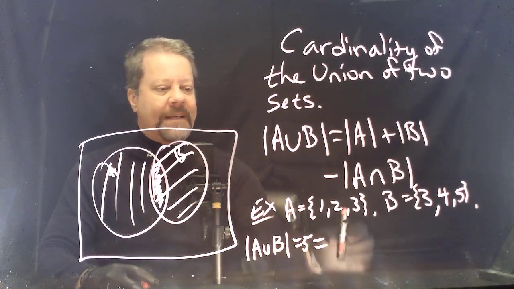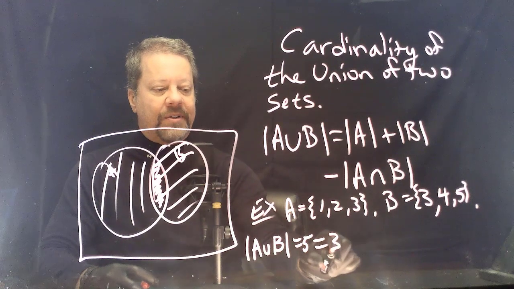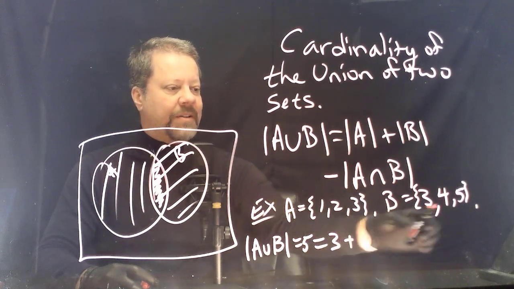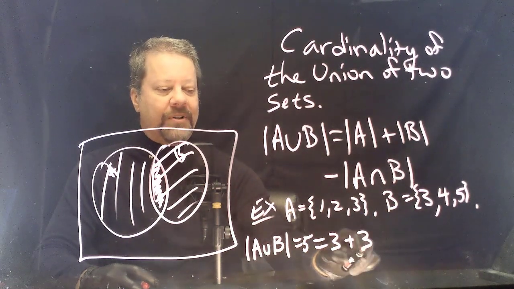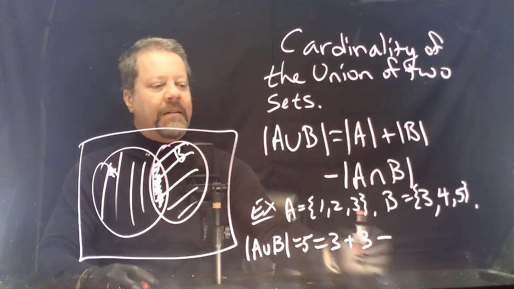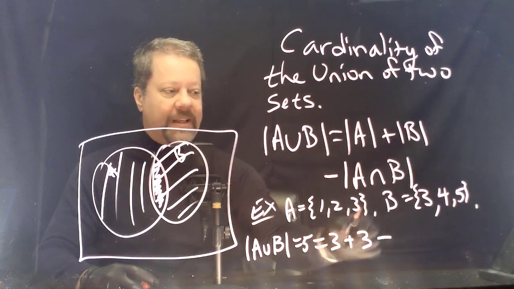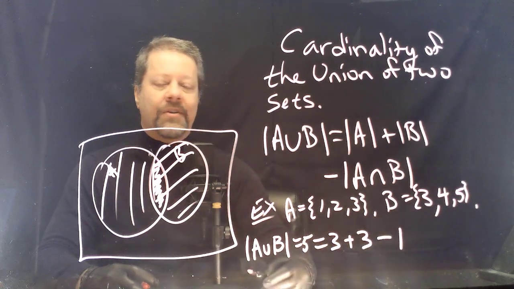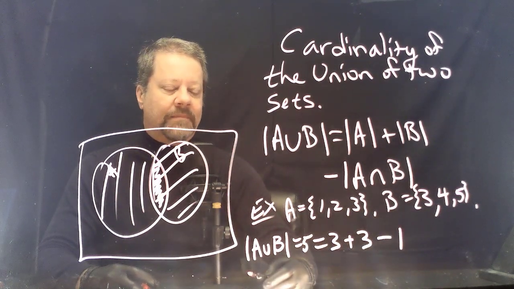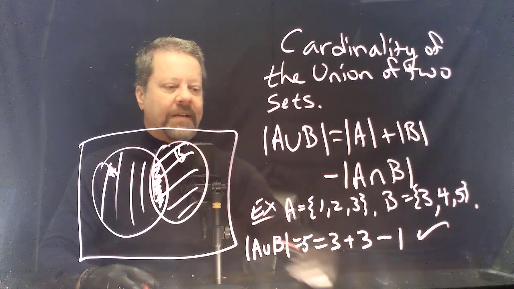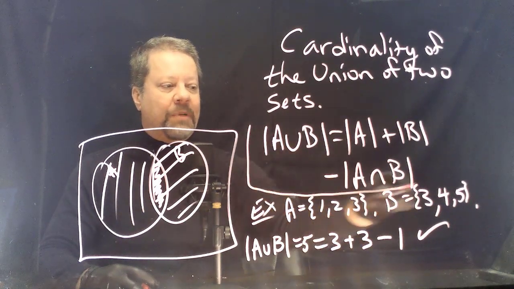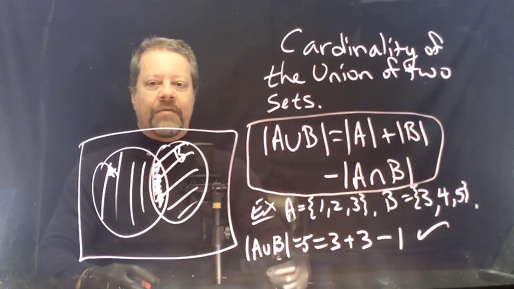That's supposed to be equal to the cardinality of A, which is 3, plus the cardinality of B, which is 3. But you have to subtract off the cardinality of the intersection. The only point in the intersection is 3, and so the intersection has a cardinality of 1. And so that checks that this formula works in this particular case. But this is the formula in general.